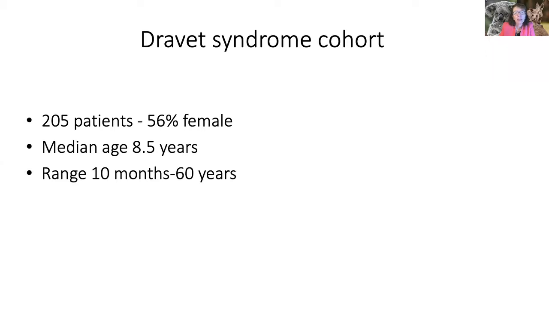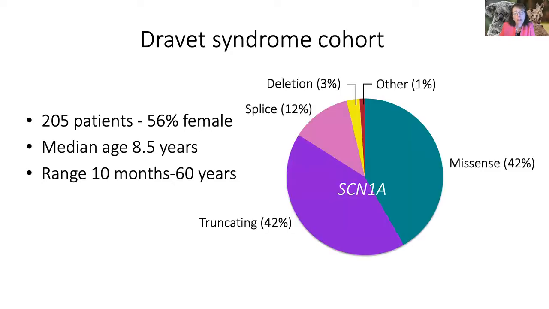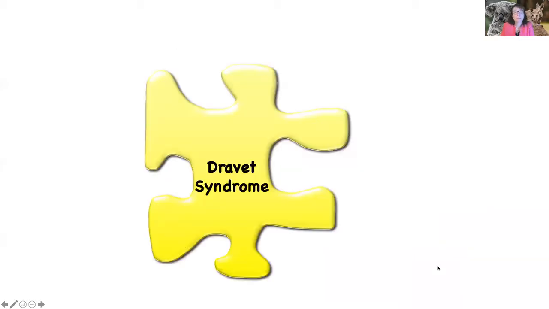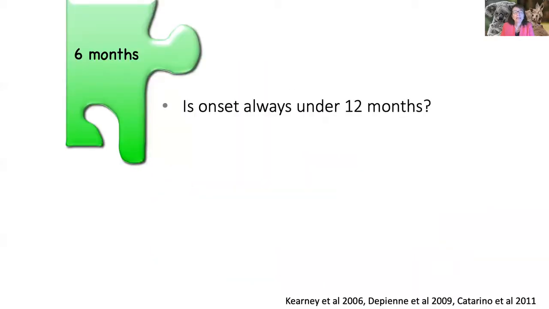Their median age at the time of this study was 8.5 years, but they ranged from 10 months to 60 years in age. Here are their SCN1A mutations, with 42% truncating, 42% missense, and a smattering of other types of SCN1A pathogenic variants. So let's go through our puzzle and see if what we say is actually correct.